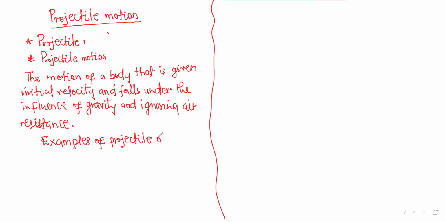Projectile motion. Throwing a javelin. If you've seen a javelin being thrown before, athletes do not throw the javelin when the environment is windy.